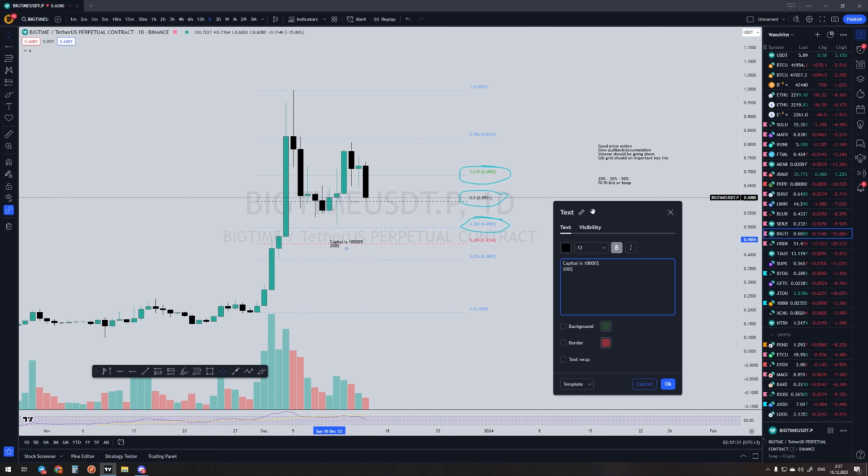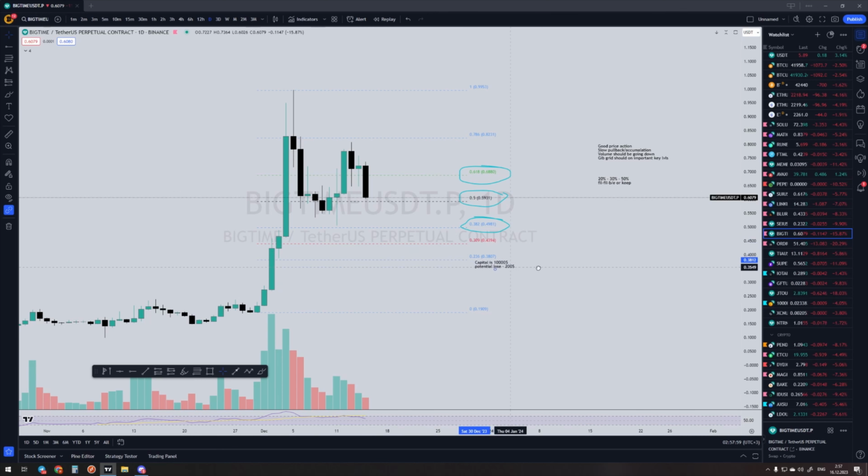So if my stop is activated, which is around 0.19, I'm going to lose $200. This is my potential loss, $200.